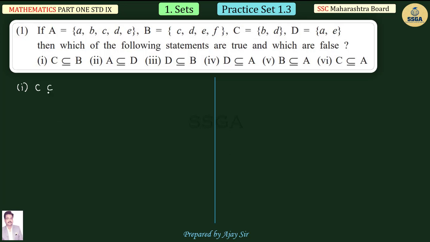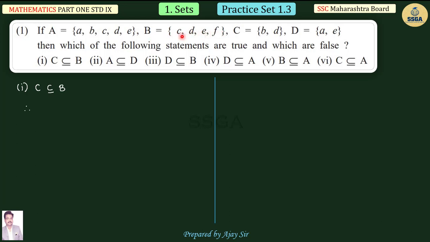C is a subset of B. Let us check the elements of set C. C contains b, d, so these are the two elements in C, and B contains c, d, e, f.